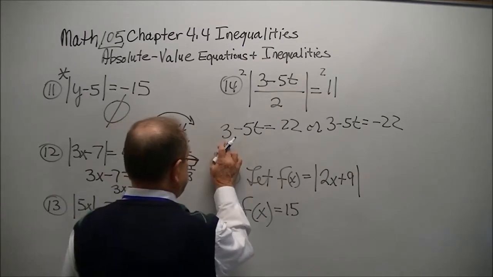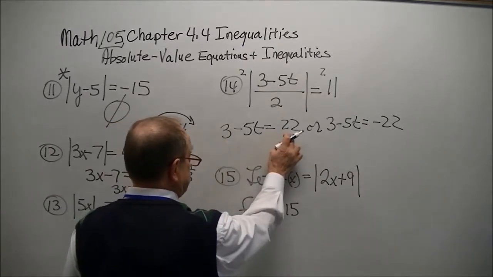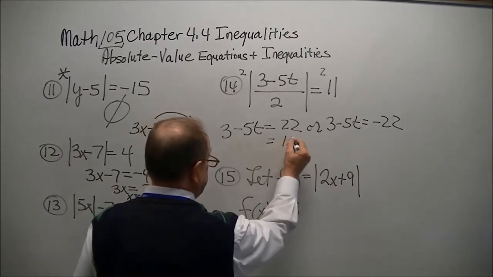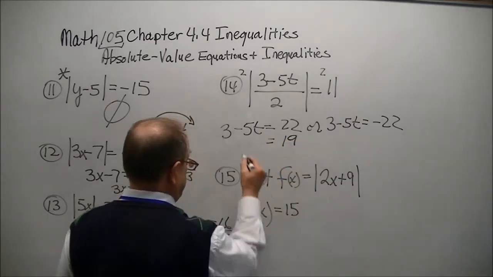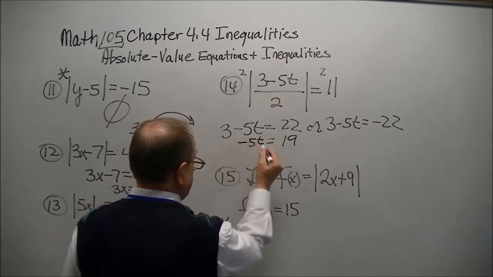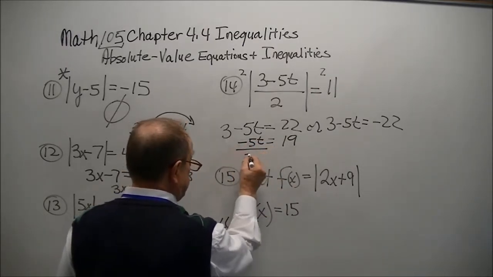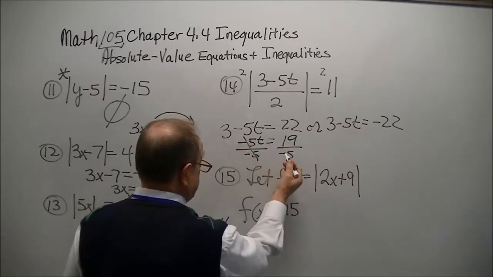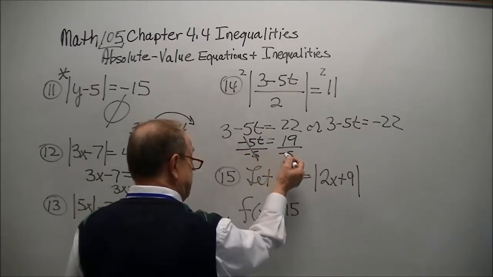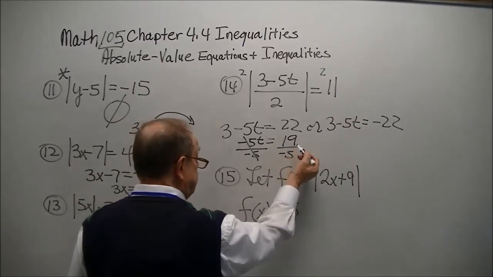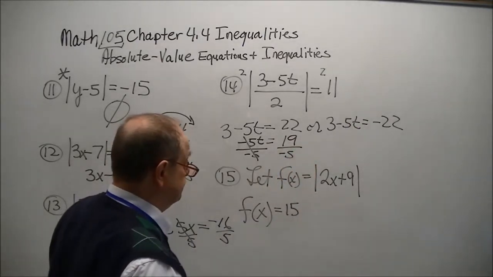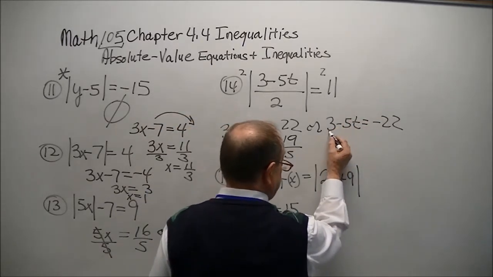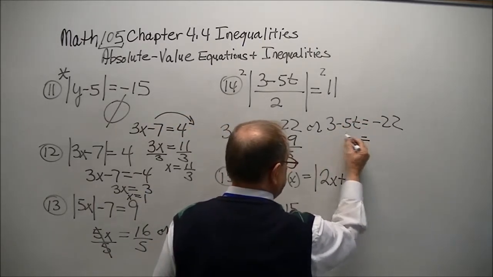I'm going to subtract 3 from both sides. That gives me a 19 here. Divide both sides by a negative 5. So I get t equals a negative 19/5. And then here I'm going to subtract 3 from both sides.